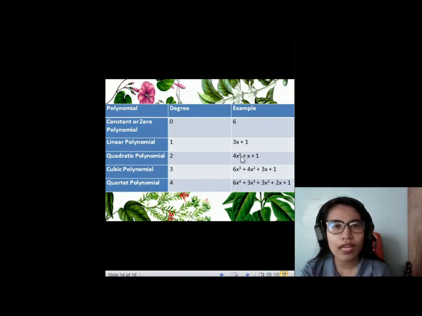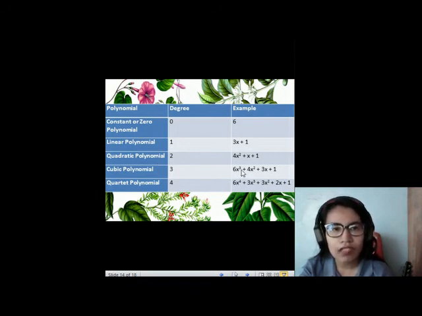Next, we have 4x squared plus x plus 1. Our highest degree or exponent is 2. You see it? Our highest degree is at the top, so the degree or the exponent is 2. And it is called a quadratic polynomial.